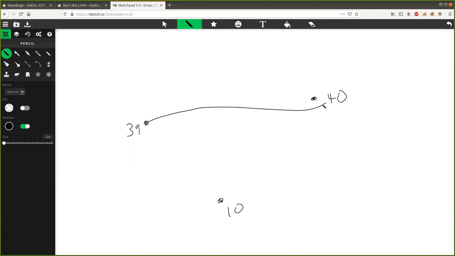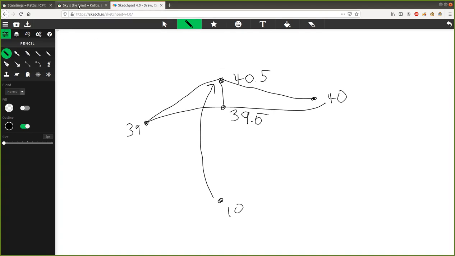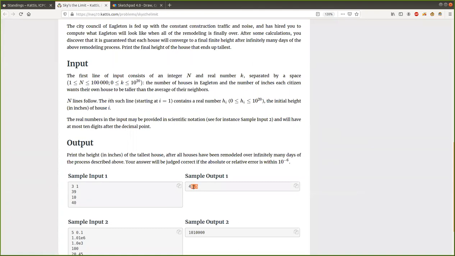So the average of these is 39.5. K was 1, so then this point is 40.5. So the second house will be increased to that amount. And then the process stops here because the condition's met. And the tallest house has height 40.5 at the end.